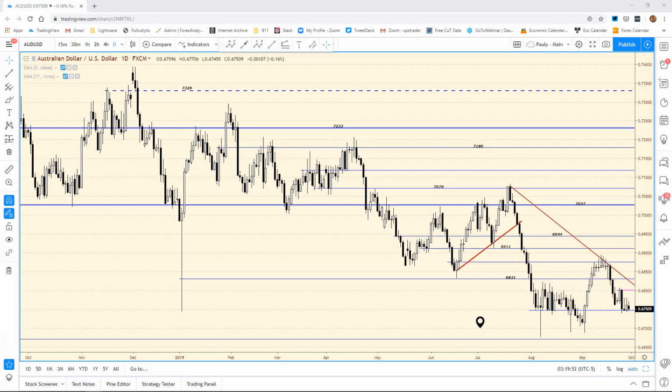Aussie is attempting to hold the 67.40 level ahead of the RBA rate decision. The key will be if this level holds on a daily close. Key resistance is 68.31, and support on the break will be 66.70.